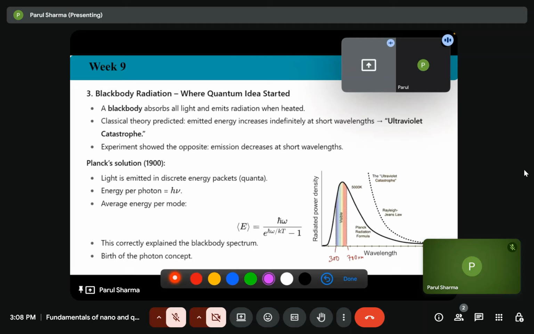You can see this plot is wavelength versus power radiated density. In this case, you can see that the visible region is from 300 nanometers to 700 nanometers, and at the higher frequency, this is the classical region.